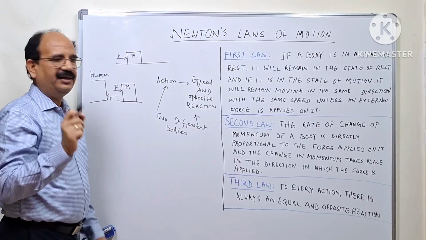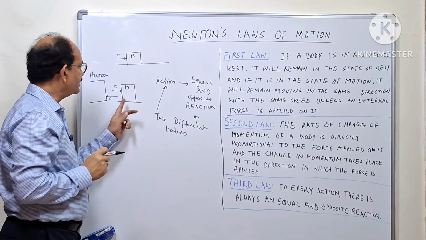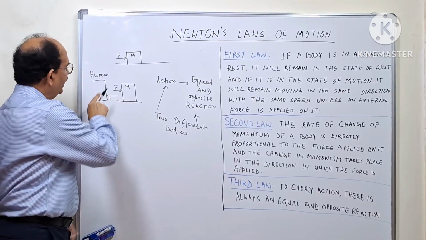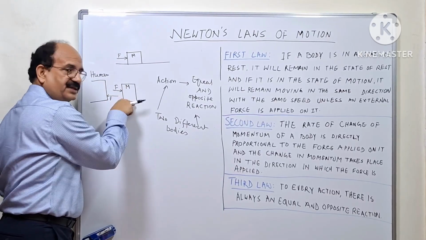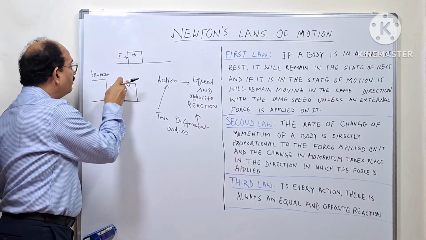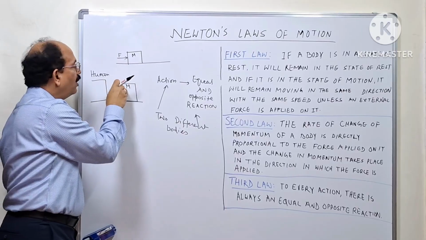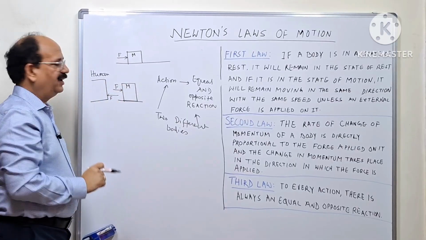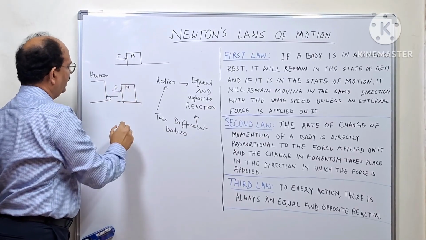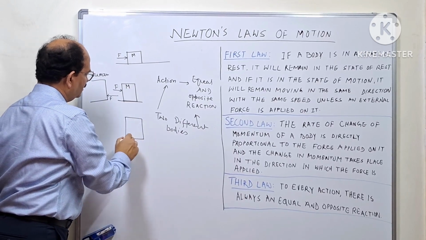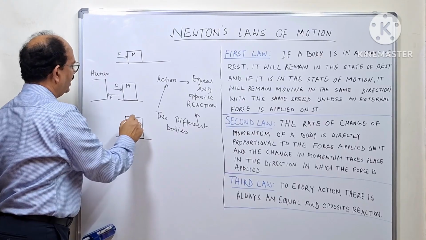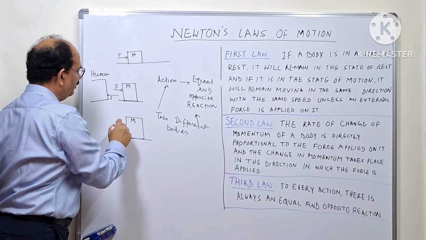You need to be very clear that action-reaction pairs are on two different bodies. Action is done by the human on this body, so reaction will be done by this body on the human, not on itself. Now look at this body. On this book of mass m, what is the force being applied?